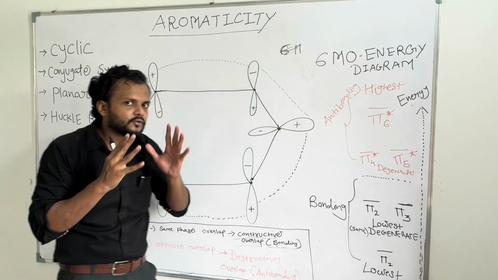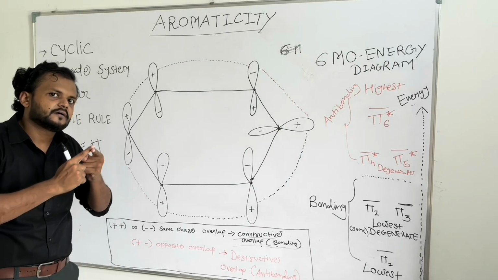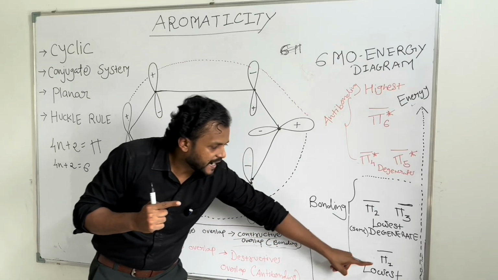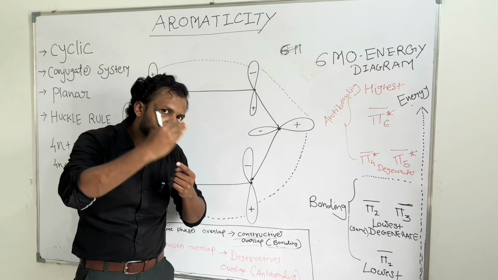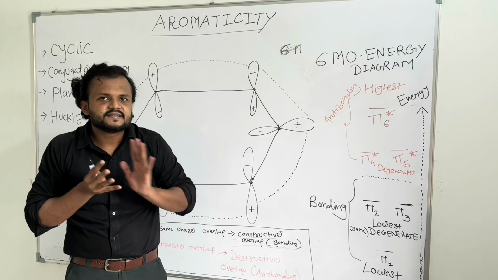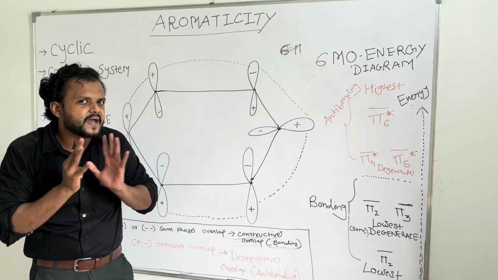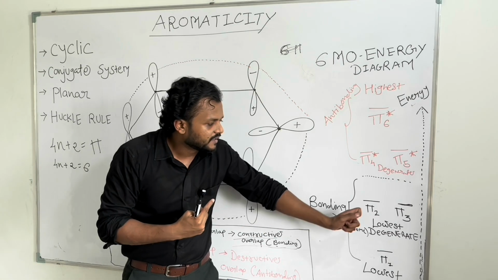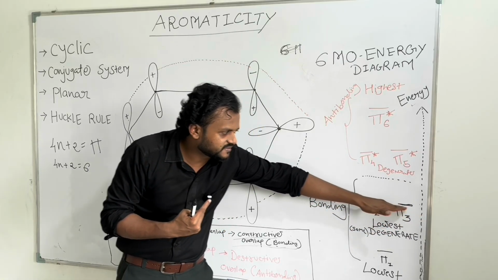So as per molecular orbital theory, the first orbital has the lowest energy, and that is our pi 1 orbital, and the upcoming two will be degenerate pi orbitals. What is degenerate? Degenerate means the same energy. We can see that pi 2 and pi 3 have the same energy.